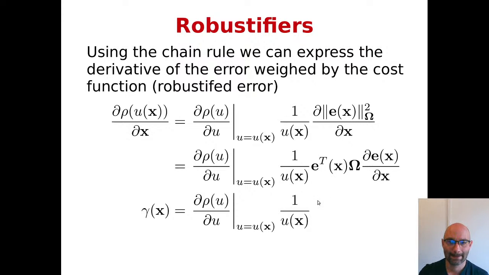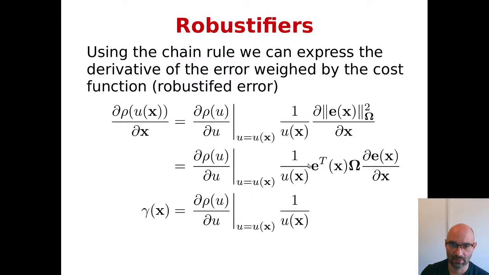And then the final step that I will be doing is to define a function gamma of x, which incorporates all the ugly things, so this part over here, that in the end multiply the derivative of the L2 norm.